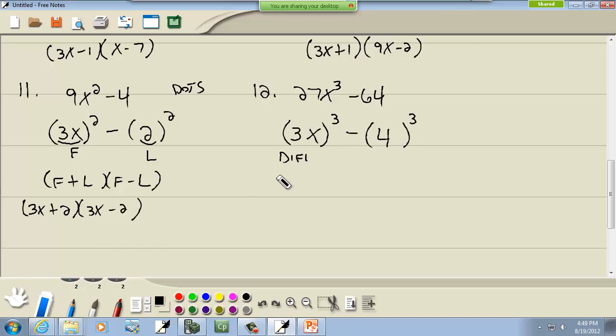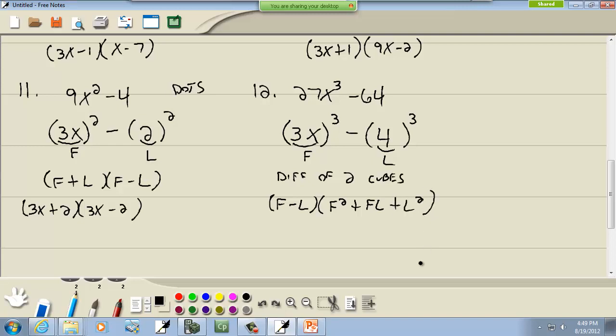Now this is a difference of two cubes. I'm going to label what's in the first set of parentheses as F for first and L for last. Our formula for difference of two cubes is F minus L times F squared plus FL plus L squared.